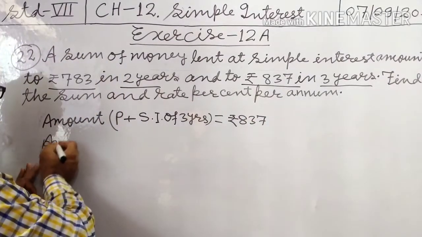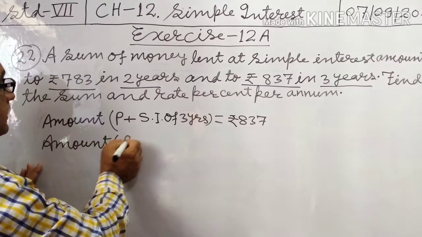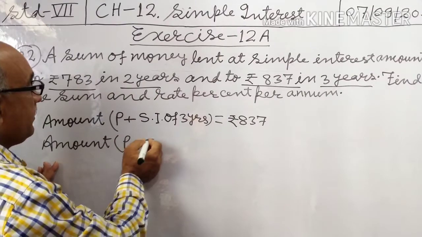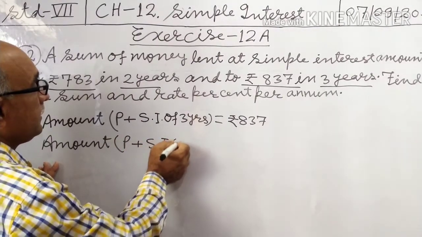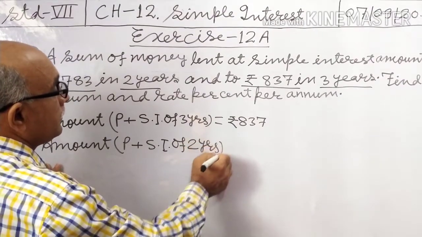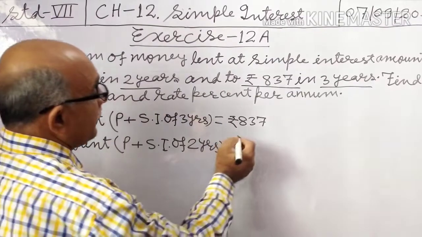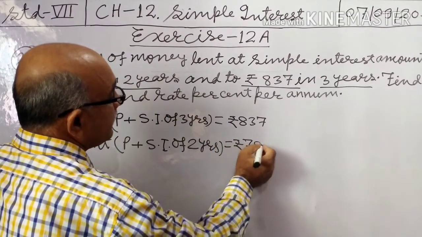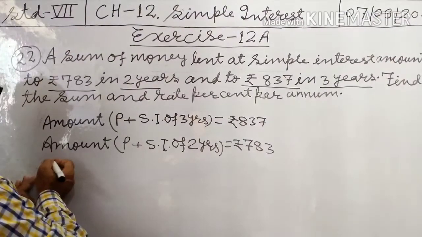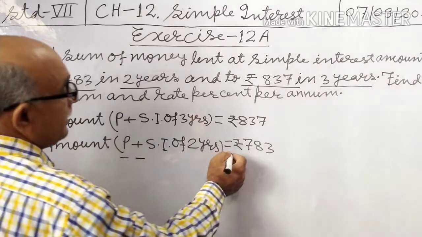Next, amount is P plus SI of 2 years equals rupees 783. Subtract both of them: minus, minus, minus and minus.